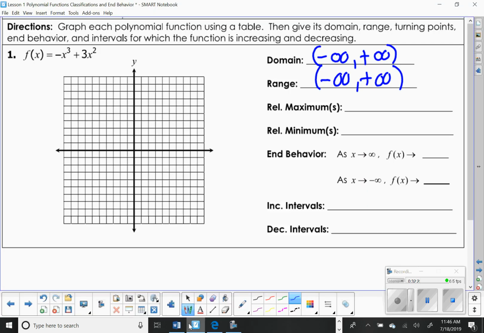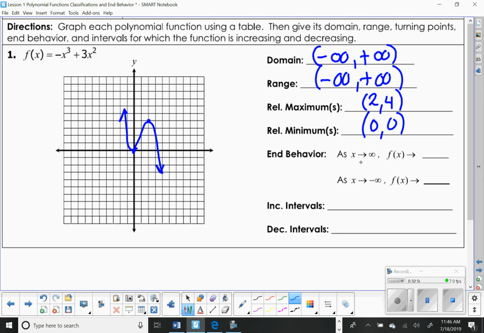It's at 0, 0, and then at 2, 4, and it goes like this. So now my relative maximum is 2, 4. My relative minimum is 0, 0.